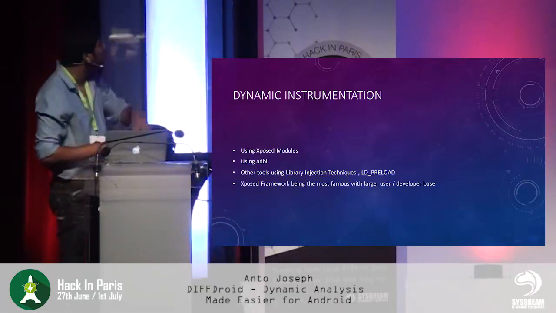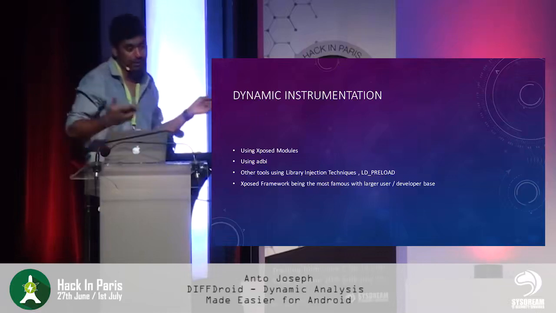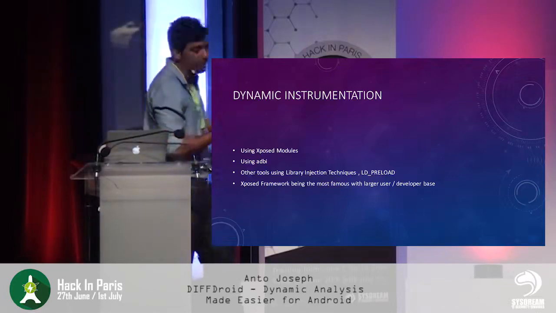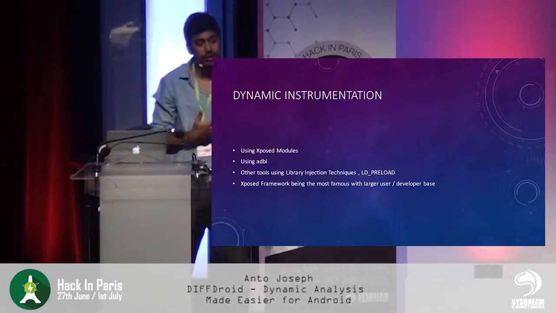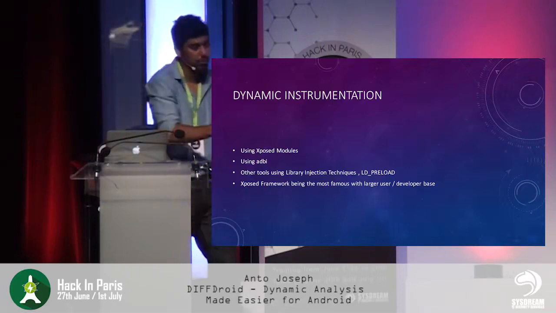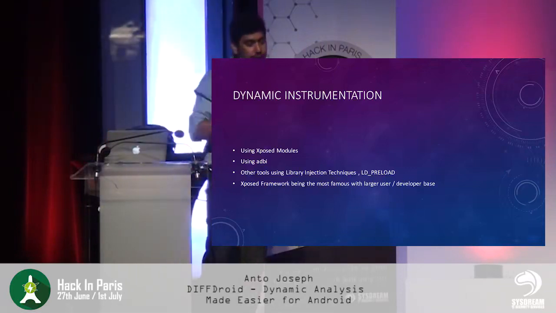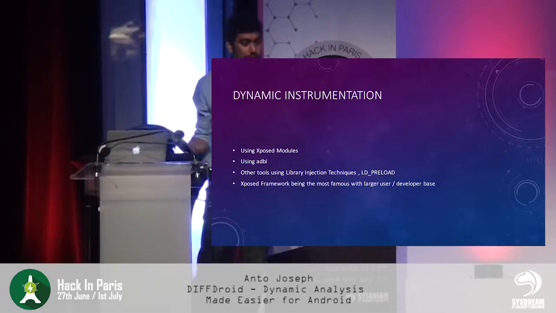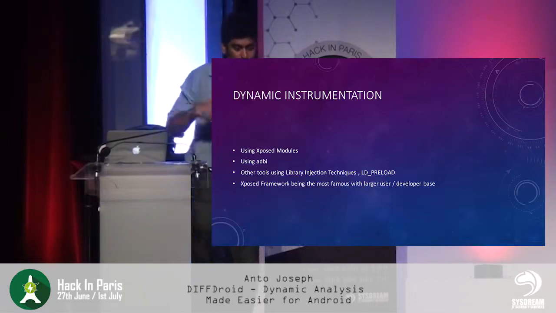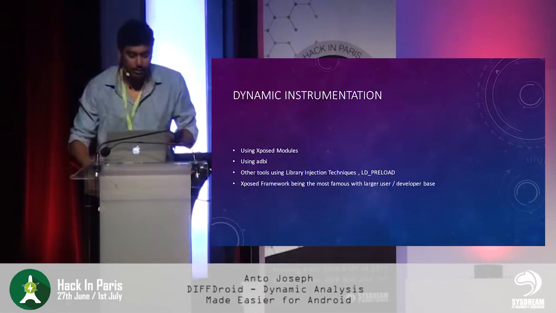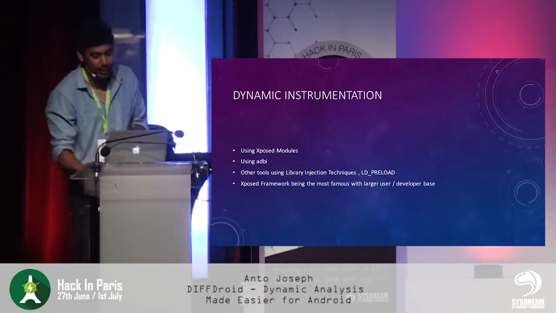The Xposed framework really has a large user base, but it is mostly intended for making almost permanent changes. Like there is an Xposed module for turning your Android clock red. I don't know why you would want to do that, but there is.